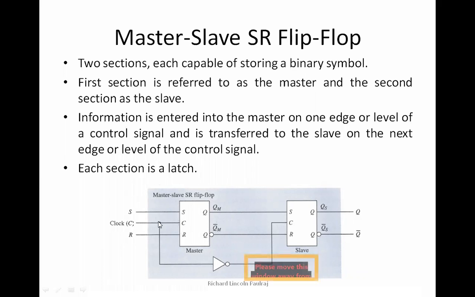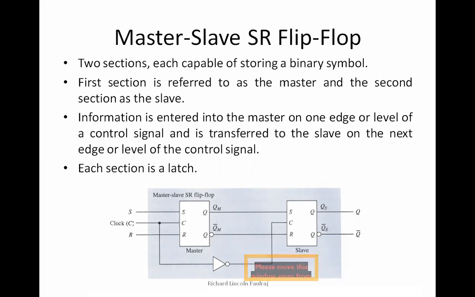So if I give a high clock here, then this will be low. Since the clock is low here, this slave doesn't work, only the master works. So based on your type of inputs, the outputs will actually appear at Q and Q bar.